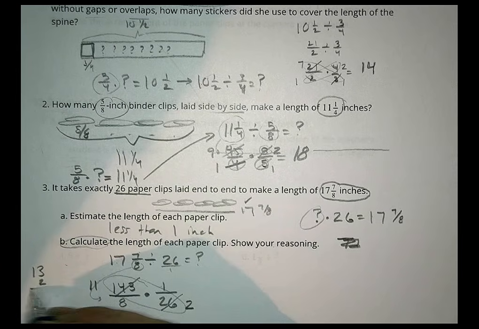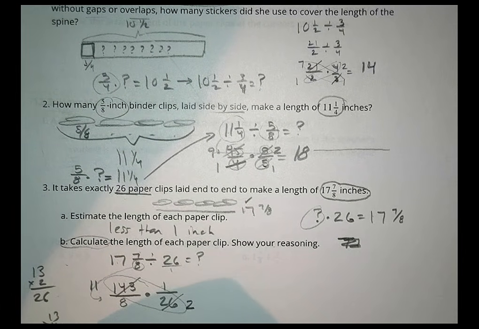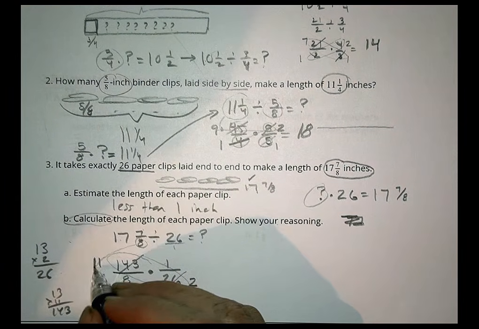Okay, 13 times 2 is 26, and 13 times 11 is 143. Those are not numbers that I normally play with or know off the top of my head. I just figured it probably went with something, and in working out earlier, I was able to work backwards. But okay, just helping you out there.